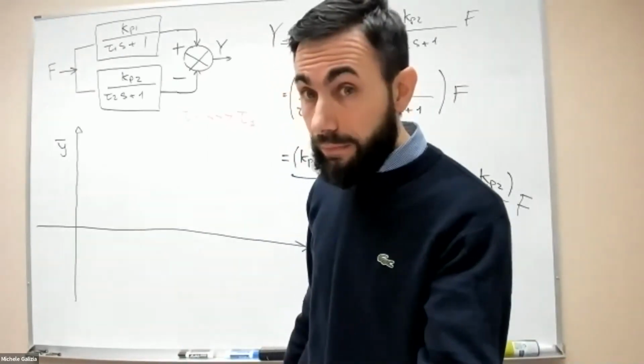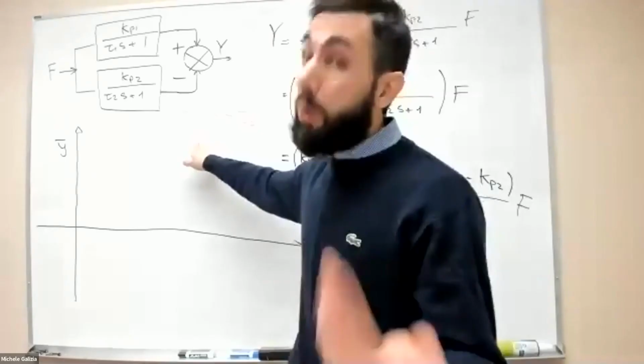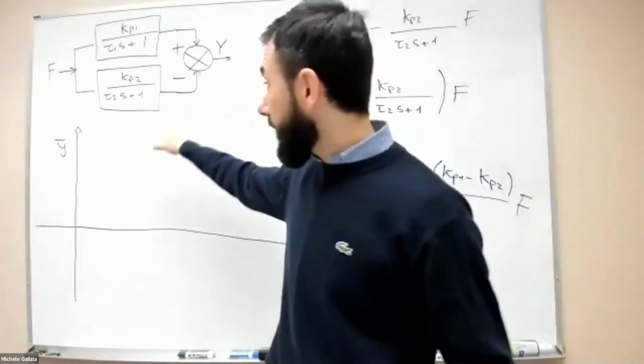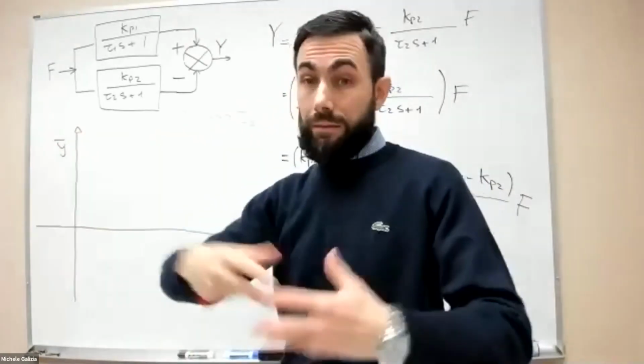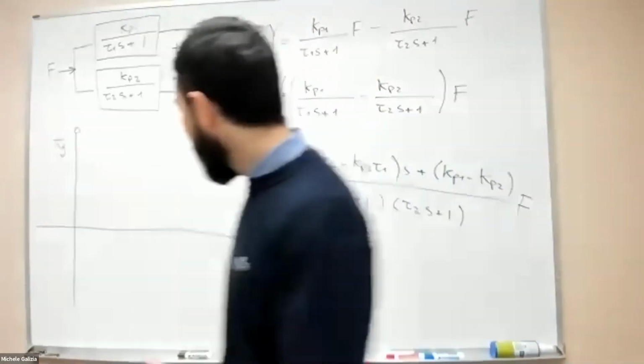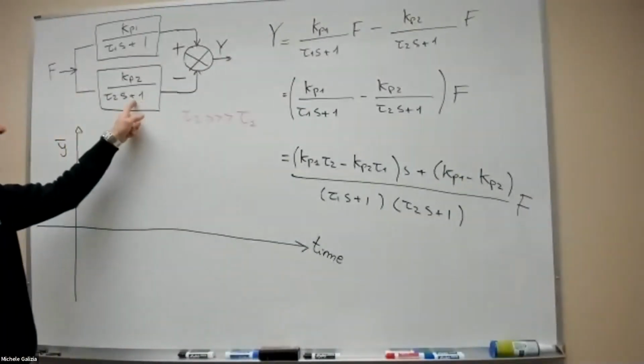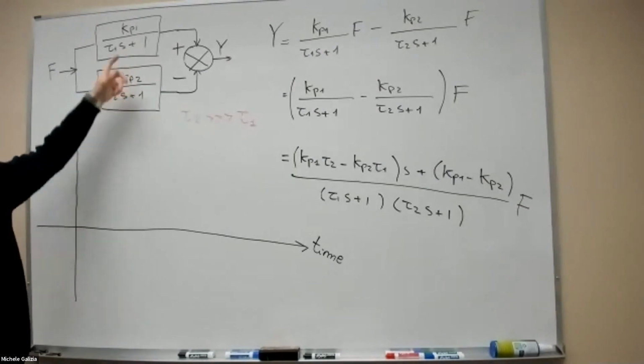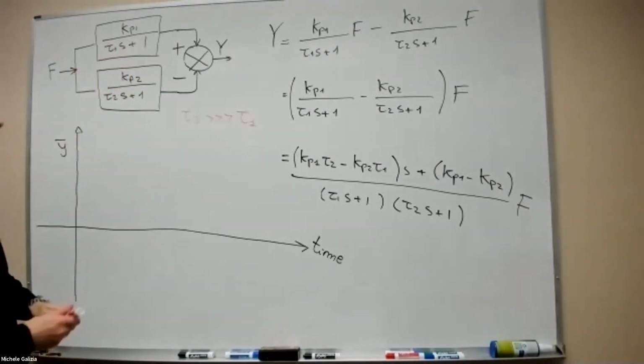The second system will approach zero faster than the other? Will be slower. The larger the characteristic time, the slower the system. So tau measures the sluggishness. And so the second system is much more sluggish, much slower than the first one.